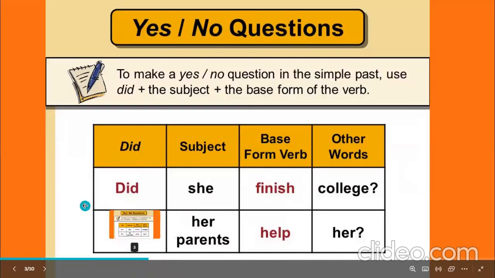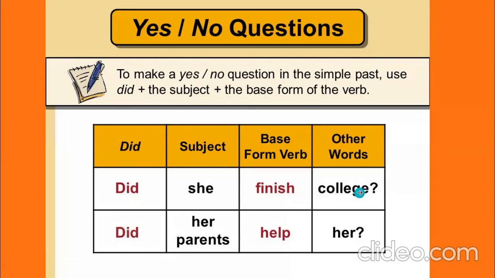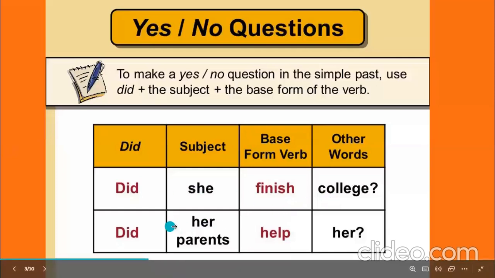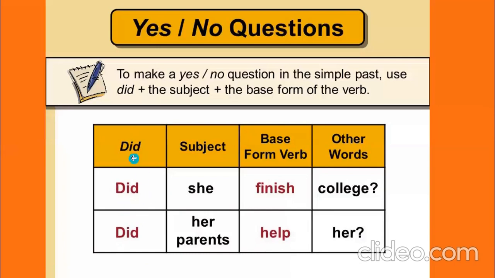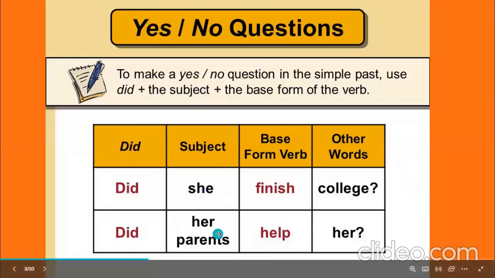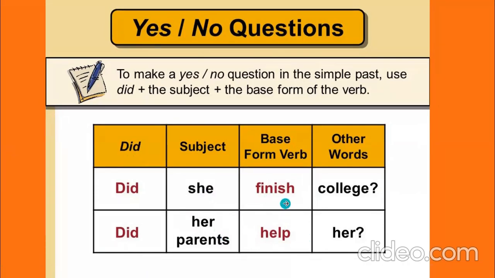All right, so again, did she finish college? Did her parents help her? So, as you can see, at the beginning we have the auxiliary, the subject and the verb in the base form. Do you have questions so far, Cesar? No questions, teacher. Okay, let's move on.